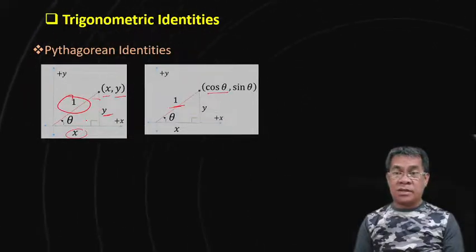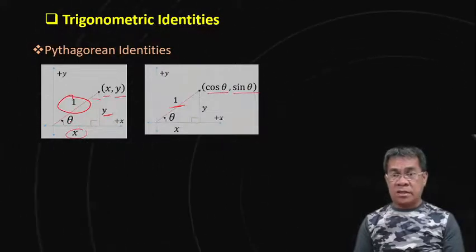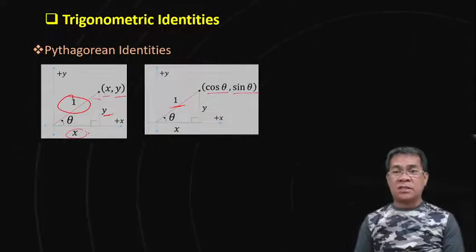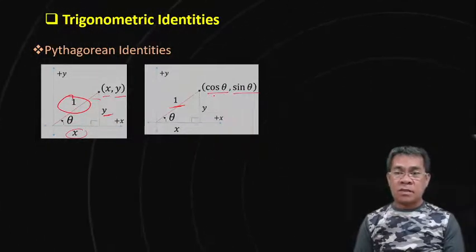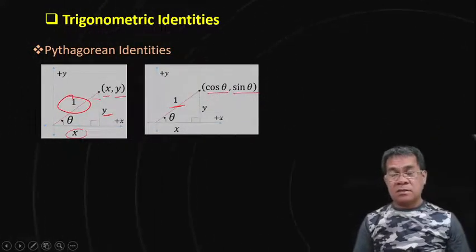So y over 1 is just equal to y, which means that y is equal to the sine of theta. While for x, cosine is adjacent over hypotenuse, x over 1, which means that x is just equal to the cosine of the angle theta.